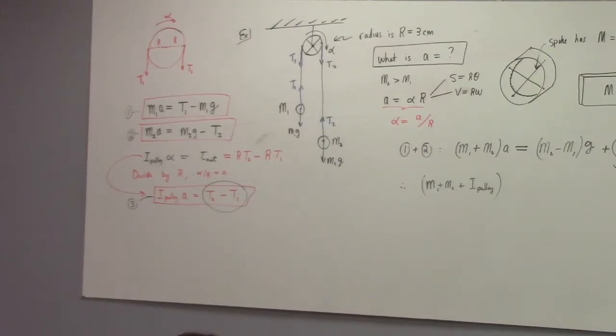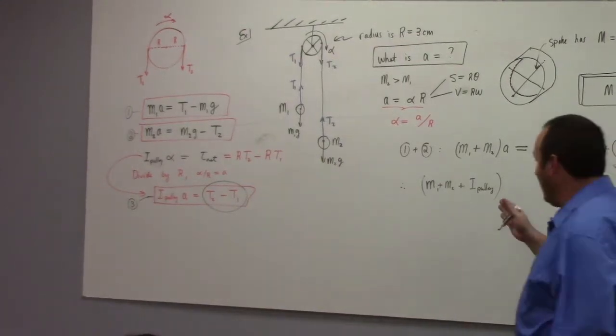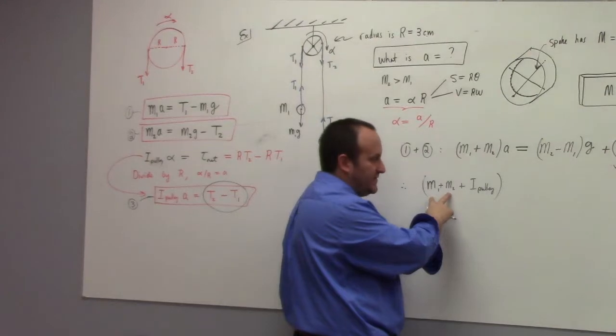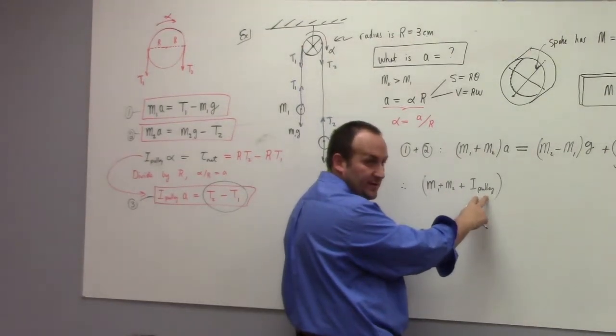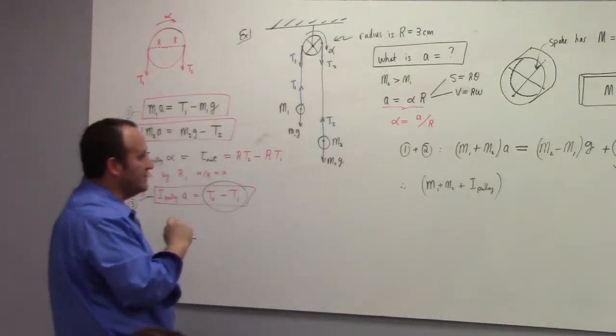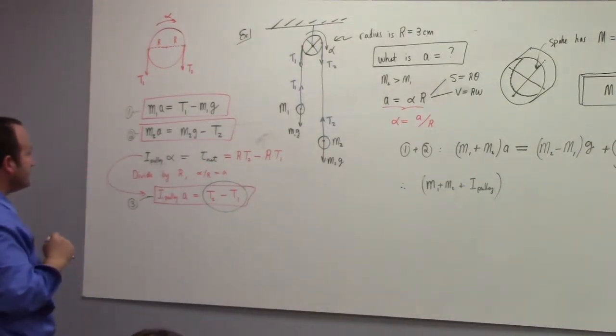So kilogram meter squared would be the units for I. So it doesn't make sense to add mass, which is just kilograms, to something that has kilograms meter squared. So somewhere I've made a mistake back here.